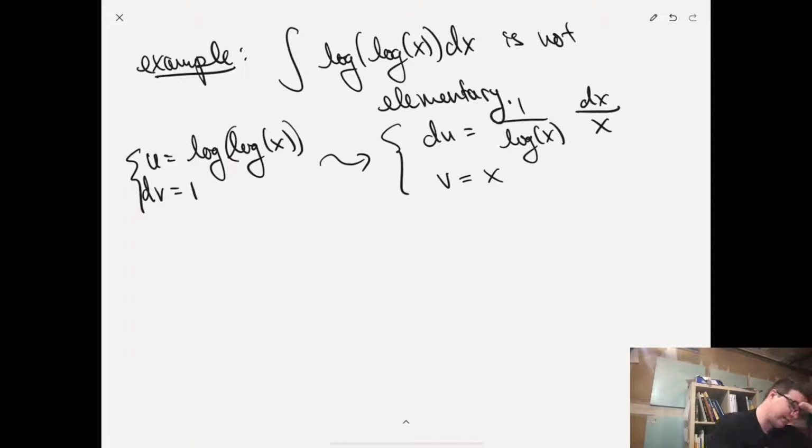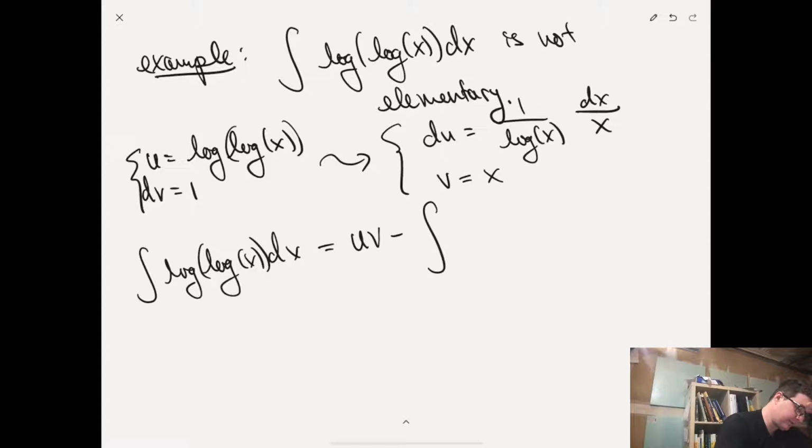All right, so now what do we do? We have this integral, log of the log. So this is uv minus the integral of v du.